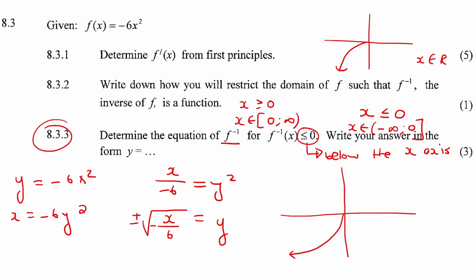So what are the y values in this part of the graph? Are those y values negative or positive? They're negative. So here we're saying that the y values are going to be positive or negative. We only want the y values to be negative. So we're going to take out that one, and then we're just going to have that. And we know that this part inside here will never be negative because you can never have a negative inside a square root.